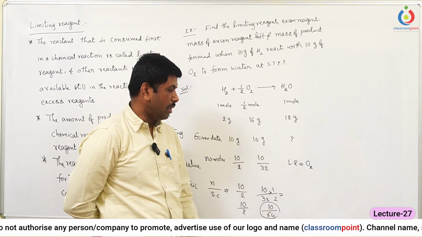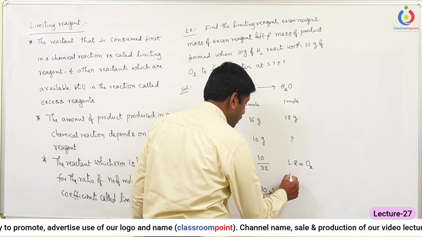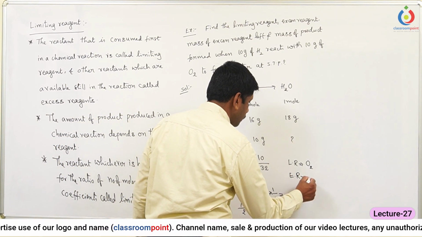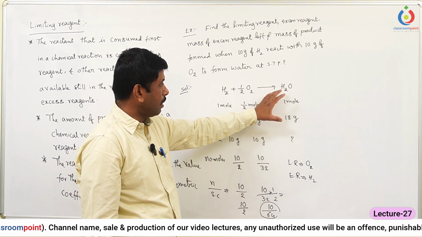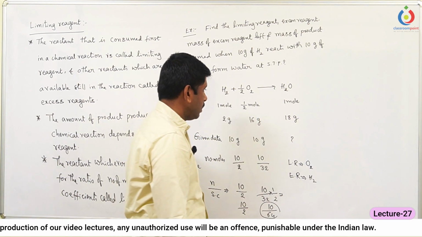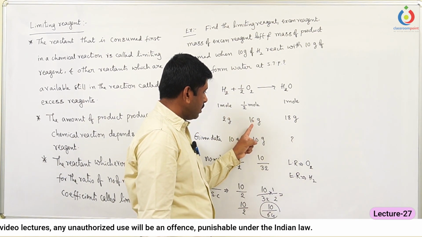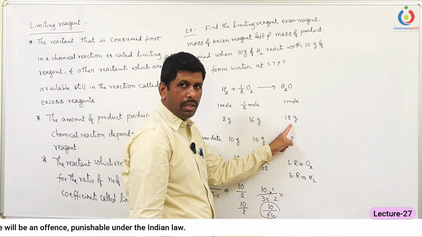Now anyhow we found that the limiting reagent is oxygen in this reaction and the excess reagent is hydrogen. Now let us find out how much water, that is the product, is going to be produced. From the balanced equation, 16 grams of oxygen gives 18 grams of water.